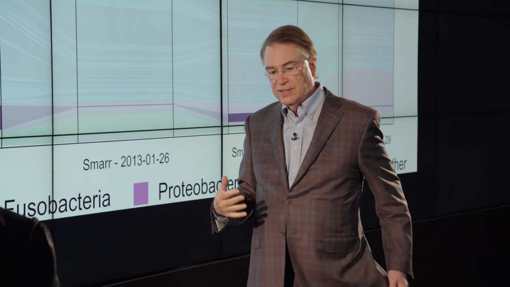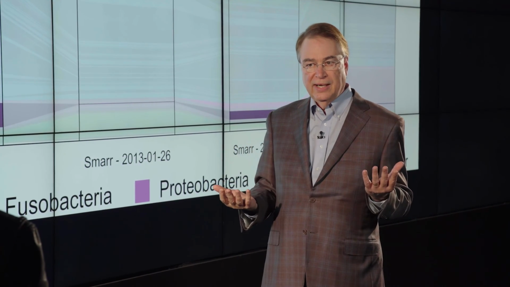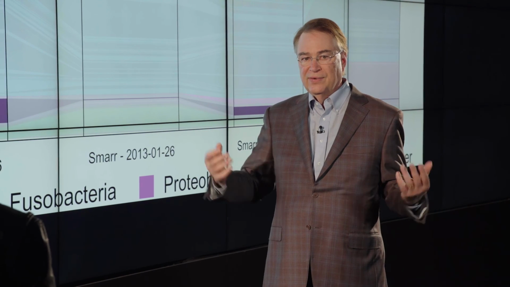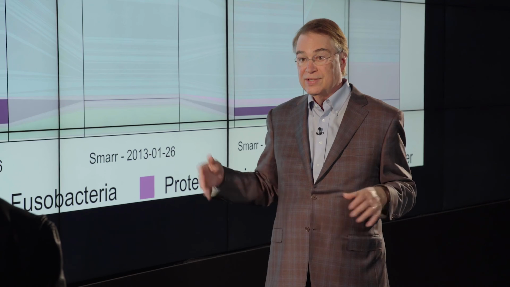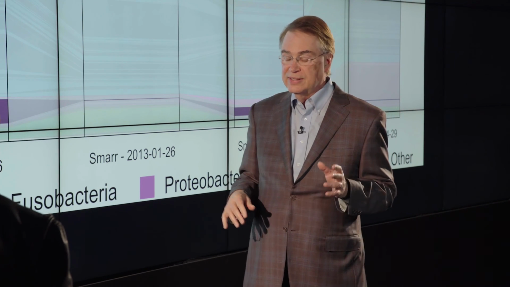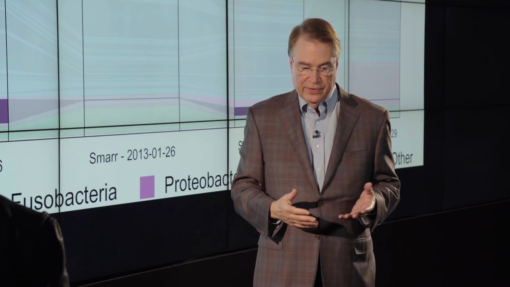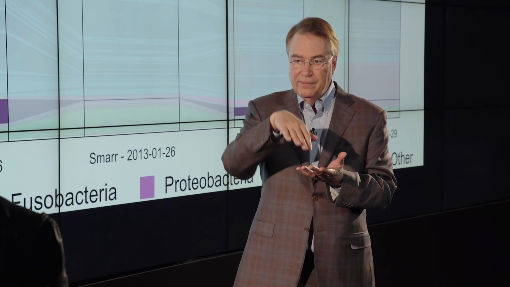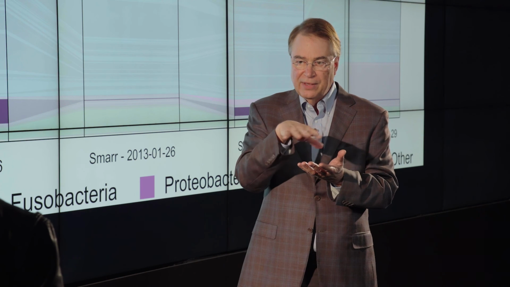So the hypothesis that this tells you, and this visualization really is about generating hypotheses. When you see something that's a big change, you think, wow, I wonder if that's a general thing or not. It doesn't prove that it is. It just says maybe we should do some more experiments. So this hypothesis is that when you're healthy, what it means to be healthy is your microbiome is in a local equilibrium of all of its different types of microbes.